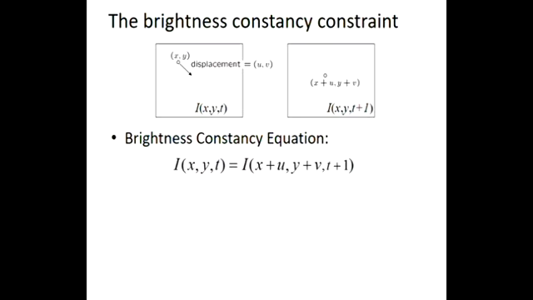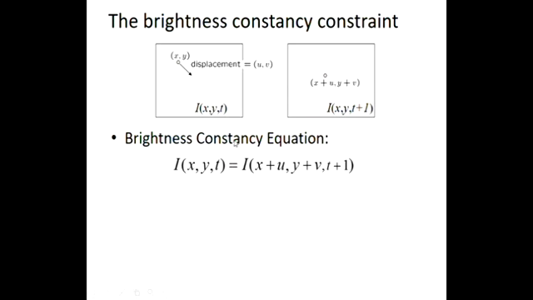The brightness constancy constraint is really the most fundamental assumption of the algorithm. So the problem is that we've got some pixel (x, y), and it's displaced by some (u, v). That means it's moved u in the x direction and v in the y direction, and so now it's located at (x plus u, y plus v) in the t plus 1th frame.